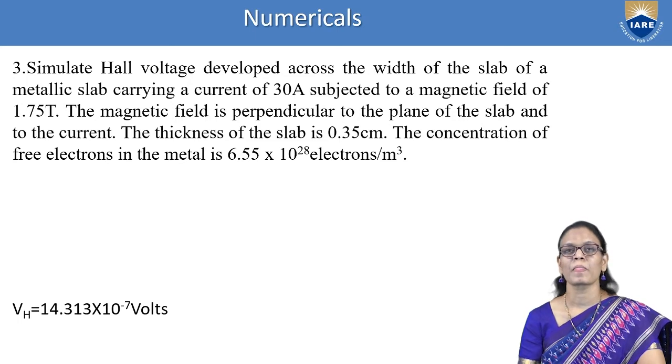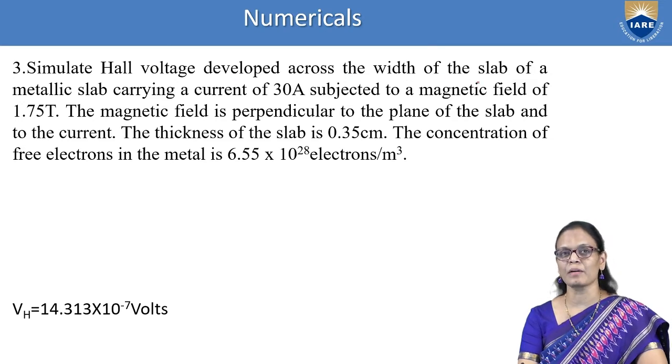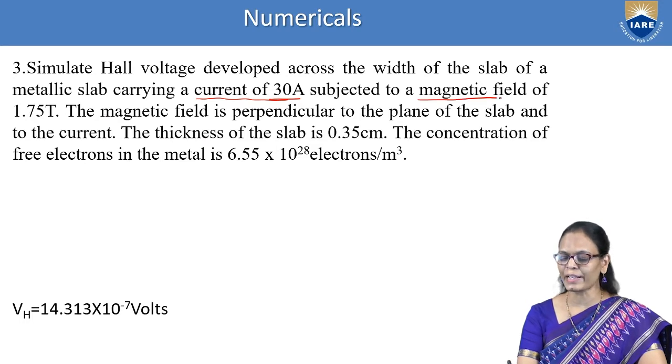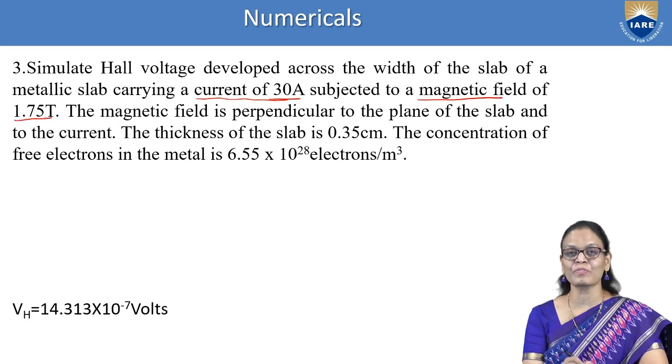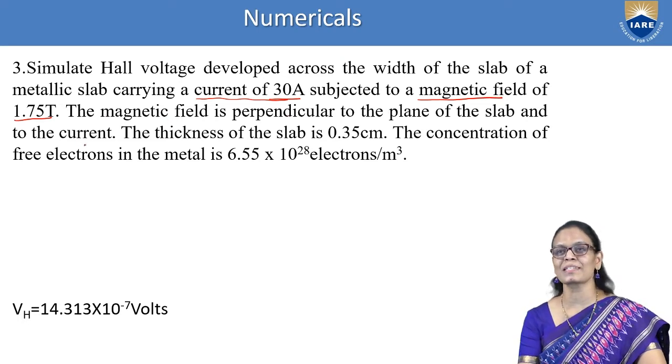Next one. Calculate the Hall voltage developed across the width of a metallic slab carrying a current of 30 ampere, subjected to a magnetic field of 1.75 Tesla, and the magnetic field is perpendicular to the plane of the slab carrying the current.